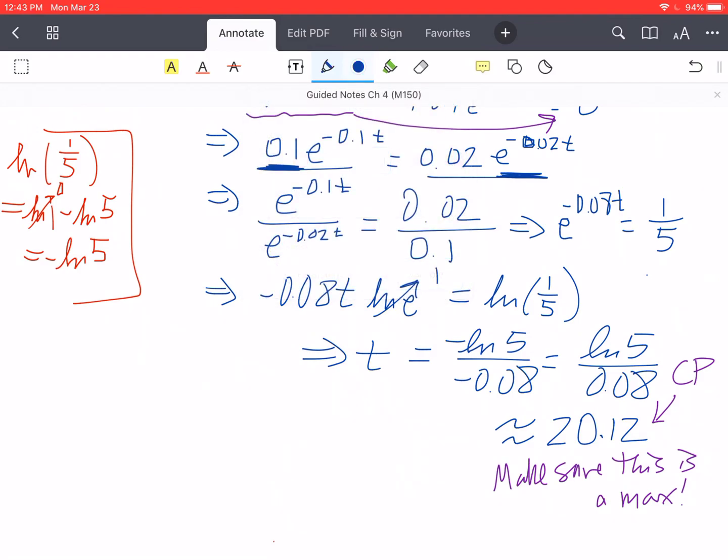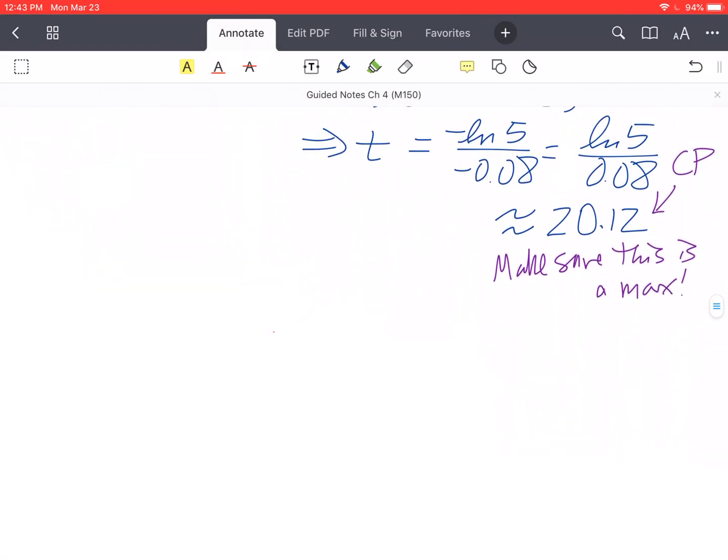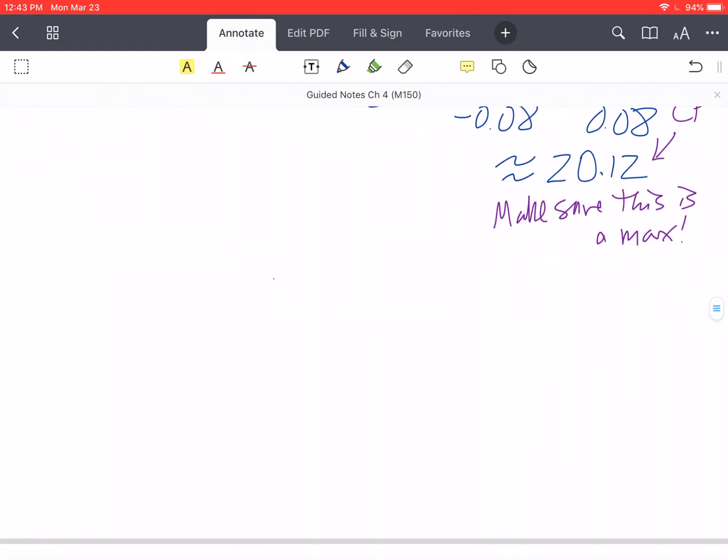The fact that it's a critical point means it could be nothing. We still need to test it, using either of the derivative tests, first or second. I used the second derivative test to get this one.